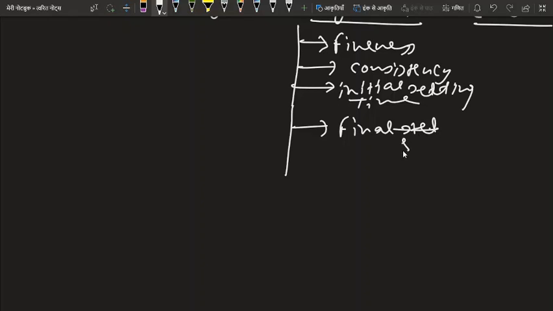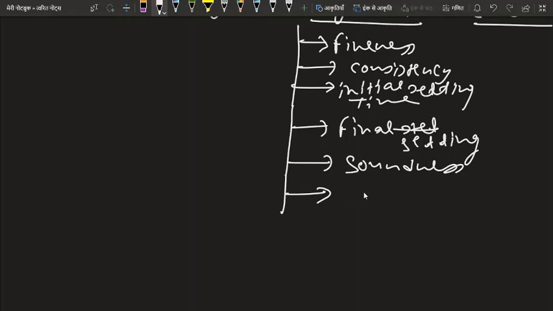Final setting time test, soundness test, and compressive strength test.